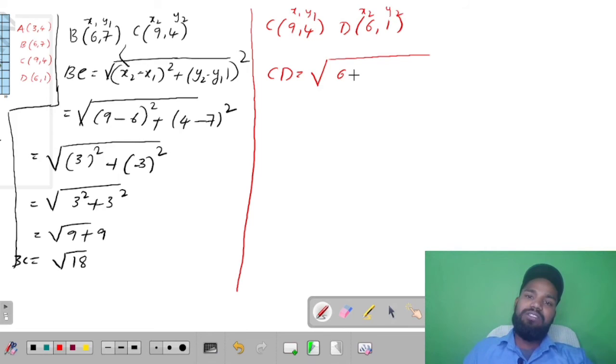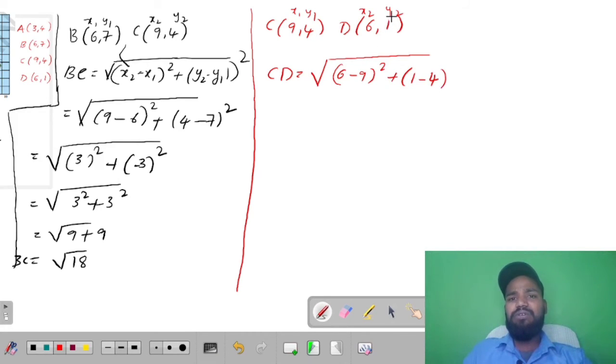X2 minus x1, 6 minus 9 whole square plus y2 minus y1. What is y2 here? Y2 is 1. And y1 is 4. So y2 minus y1 is 1 minus 4.